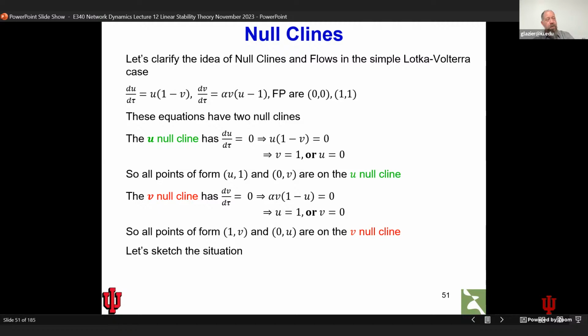The main defect of it is also the reason that it's simple, which is that it's what's called bilinear. It's linear in u: u appears as just u, not u squared or 1 over u. And it's linear in v: v appears just as v, not v squared, 1 over v, or 1 over 1 plus v, or something of that kind. That linearity means that it's very simple to work with.